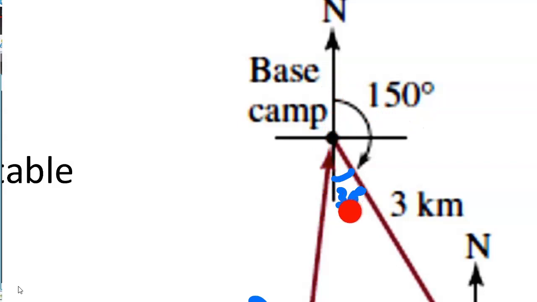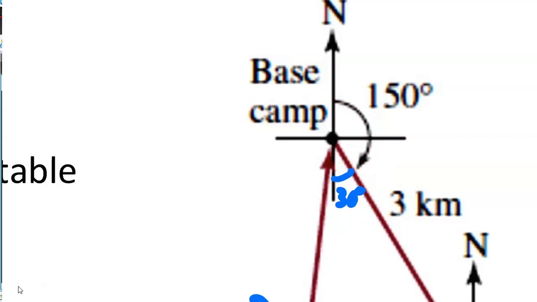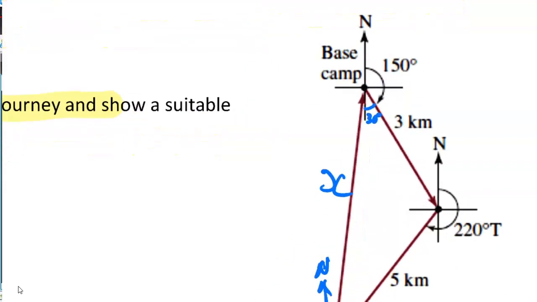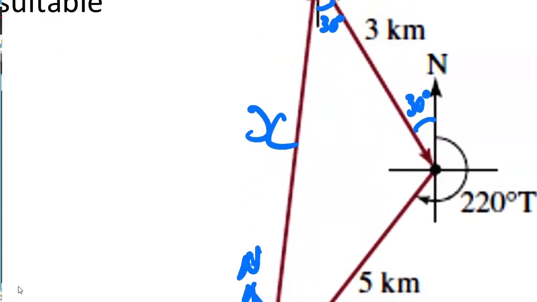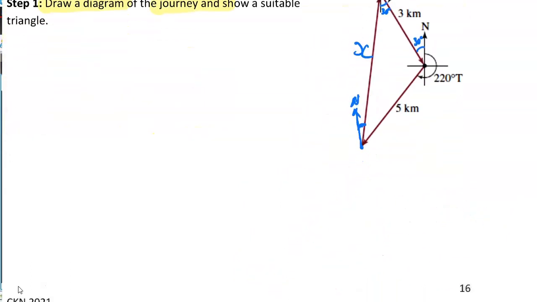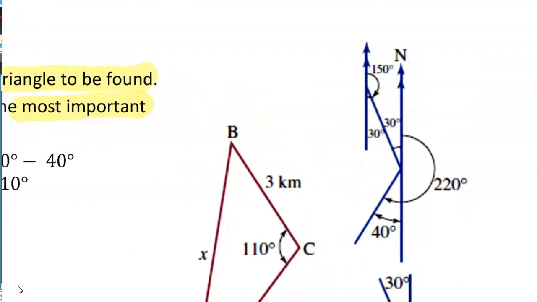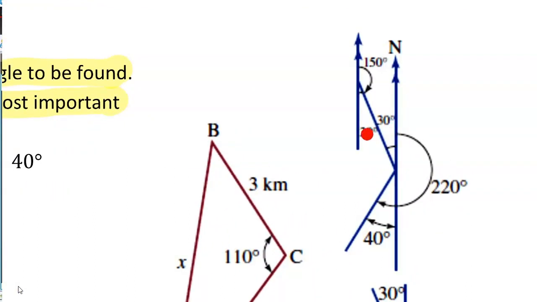So these two have to add up to 180 degrees. So that must be 30 degrees in there. Now remembering that these two lines are parallel, with our rules of parallel lines, we know that that's also got to be 30 degrees. Okay, so that's how I get this information here.